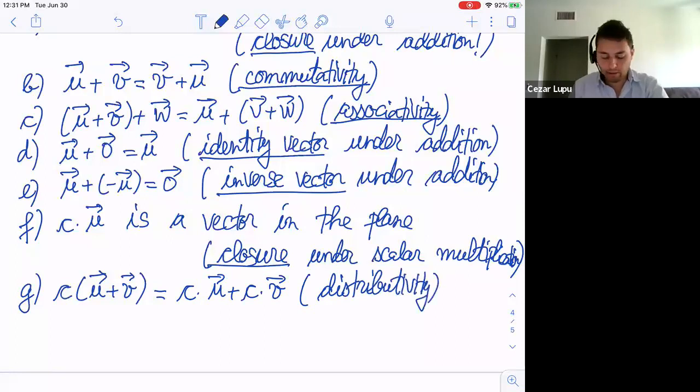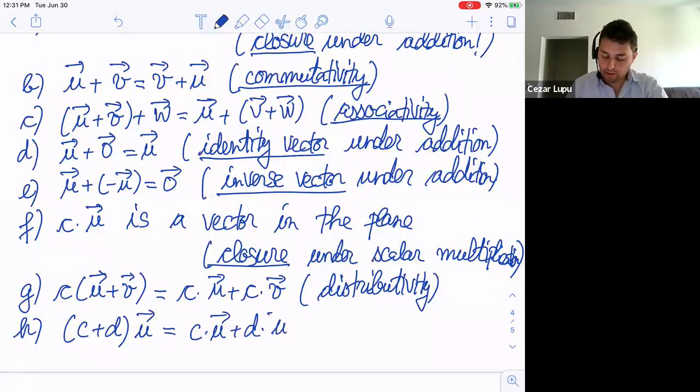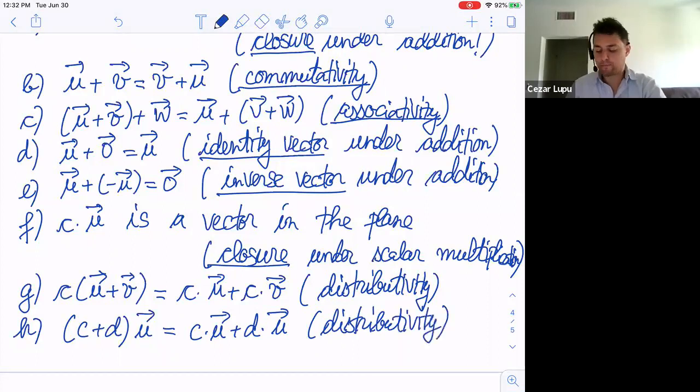Or we also have another type of distributivity: c plus d times the u vector. So I'm adding two scalars this time. This would be c times u vector plus d times u vector. So this is again distributivity.